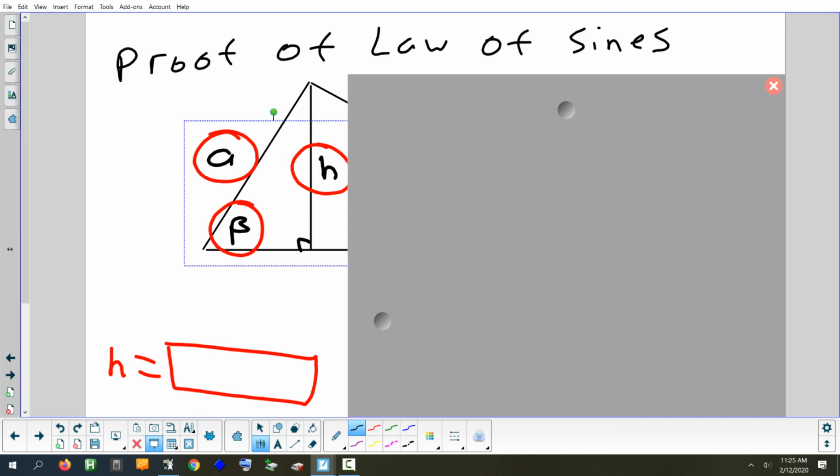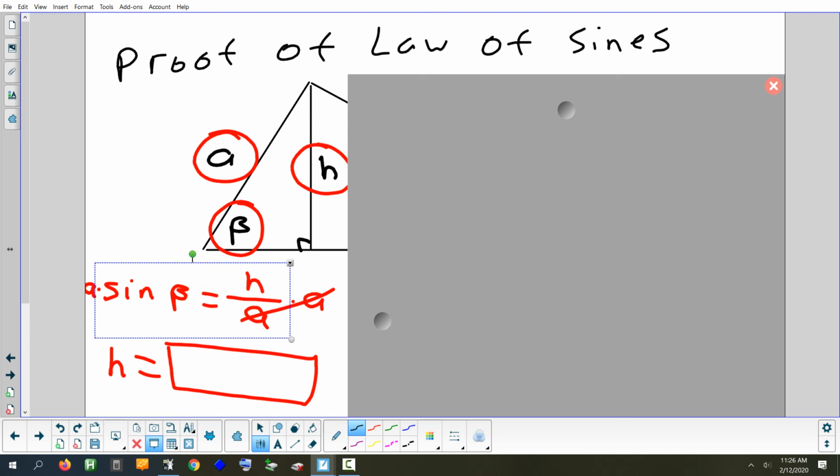Opposite, hypotenuse. What trig function from SOHCAHTOA has those two? Sine. So the sine of your angle equals opposite over hypotenuse. Now, how would you get h by itself? Multiply by A, and you get h equals A sine beta. So there's a formula to find the height of that triangle as long as you know A and beta. Okay, any questions on that?